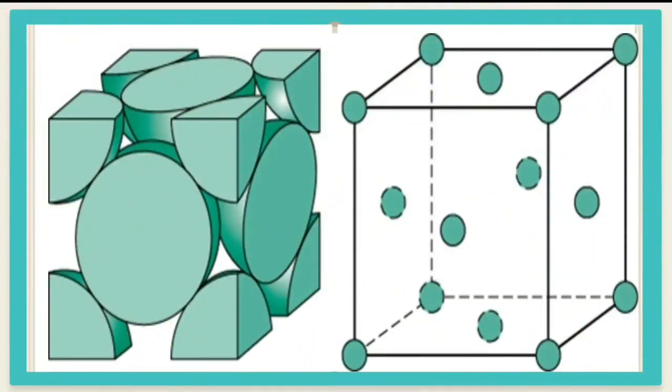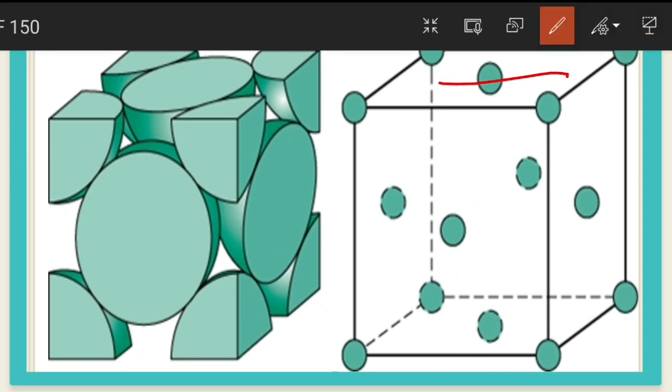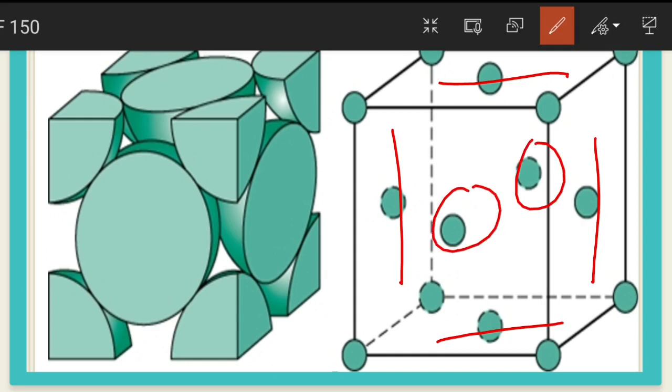You can see here in the image, all 8 corners have constituent particles, plus all the faces. This is the top part, this is down, this is the left side, this is the right side, this one is the front which is facing you, and this one is the back side, the other side.